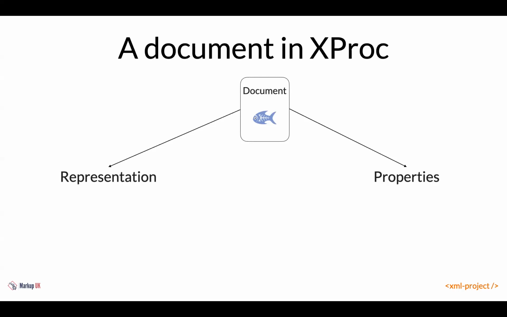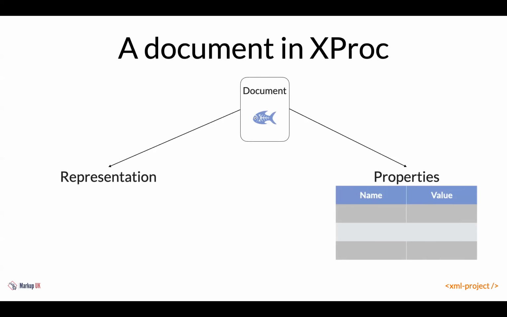What is important for us here is, again, a special property, and this property is content type. This property does two things. It first tells us what content type the document actually is. And secondly, it tells us on the other side what to expect as a representation.